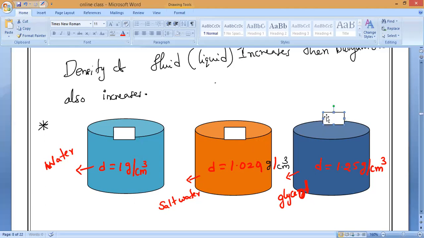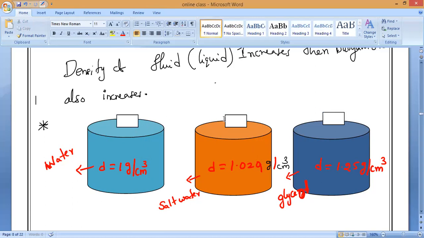Here the immersed portion is half, and here very little is immersed. In this case the object is immersed up to here, with only a small portion above the surface.